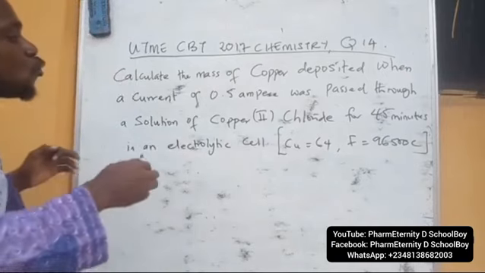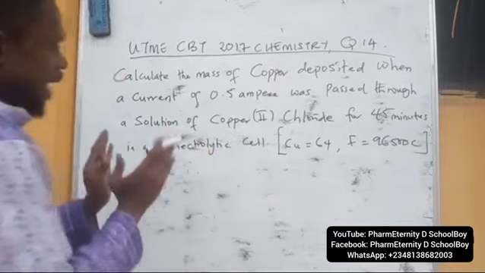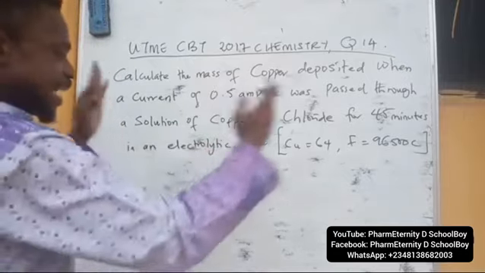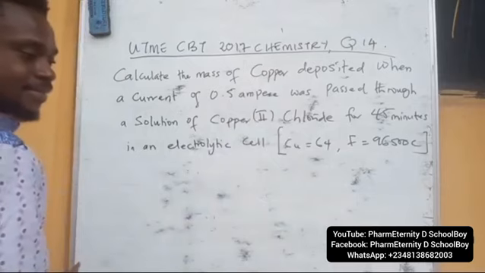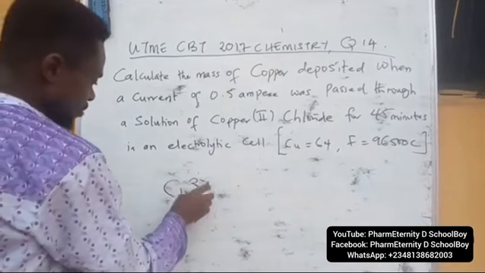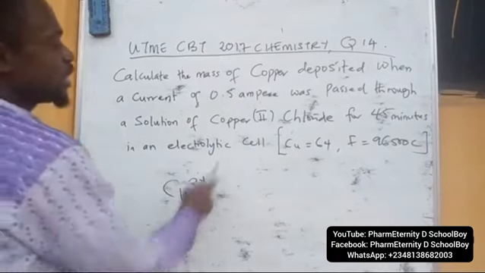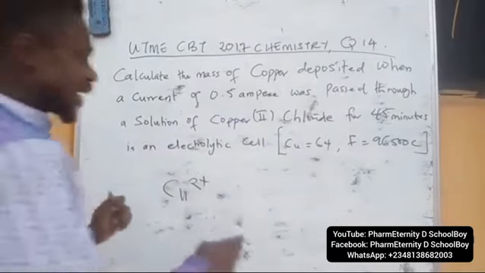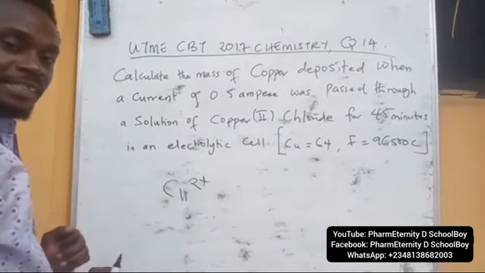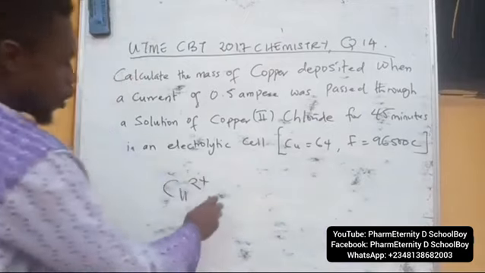Now we want to look into something else. In the electrolytic cell, the copper exists as the Cu2+ ion. For it to be deposited at the cathode, it has to take up electrons, right, for it to be reduced.